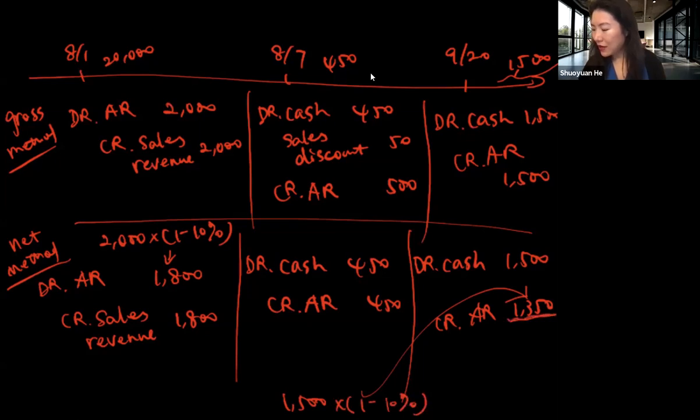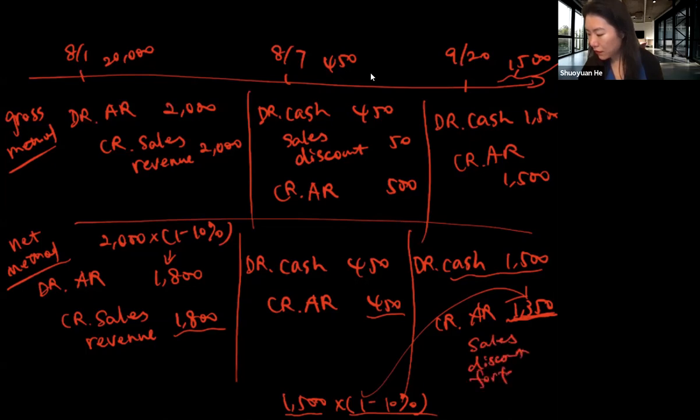This is equal to 1,800 minus 450, that is 1,350. This is the original accounts receivable I recorded, which assumes the customer takes the discount. And now the customer didn't take the discount for this one, so I'm actually getting more cash than I expected. And the rest of this is called sales discount forfeited. So that is 150.